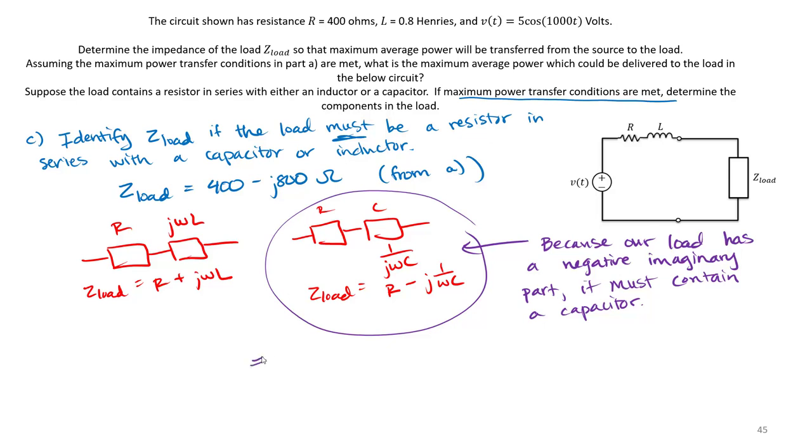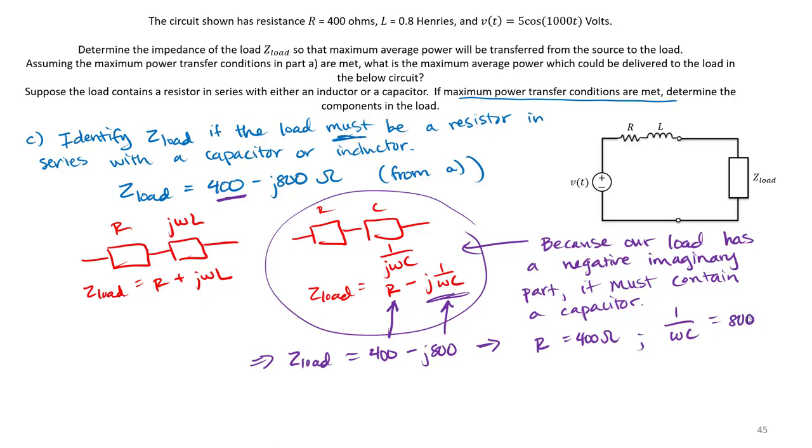So in this case, we can determine, by comparing coefficients, we can say Z load equals 400 minus j800. So our resistance is 400 ohms, and 1 over omega C must equal 800.